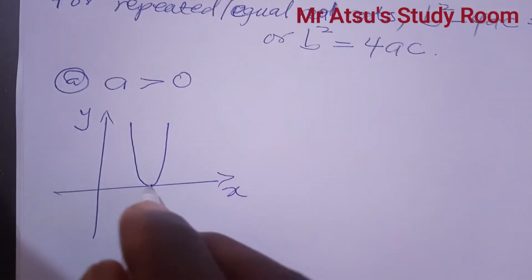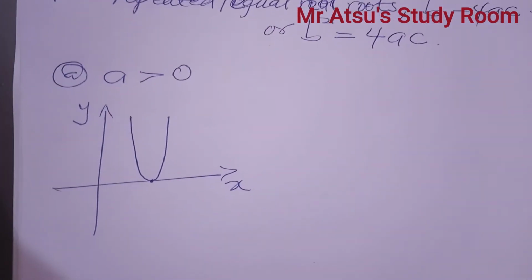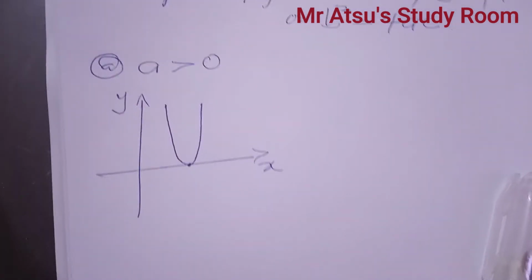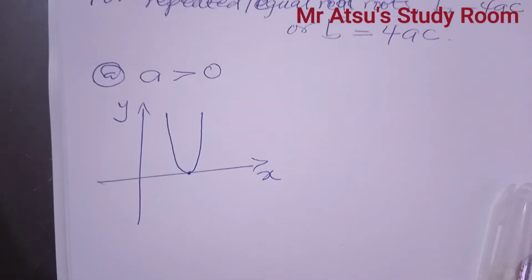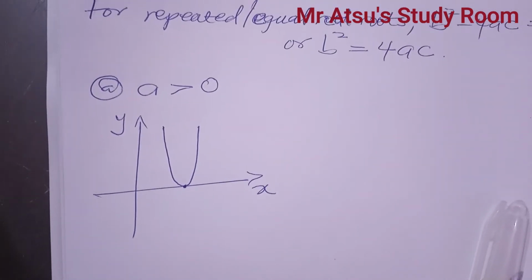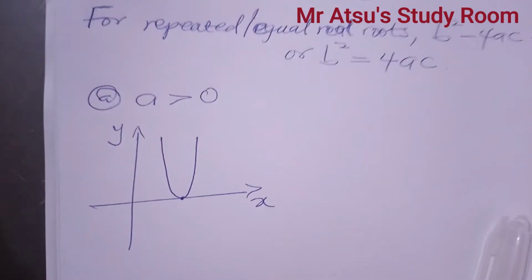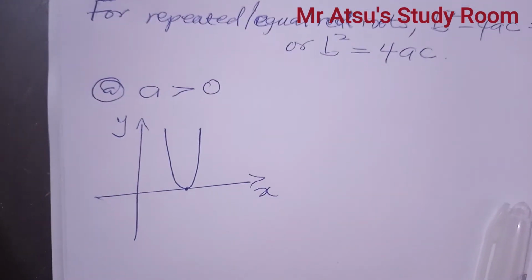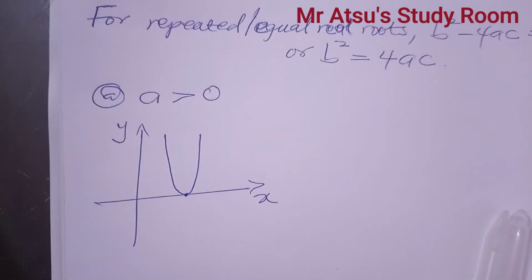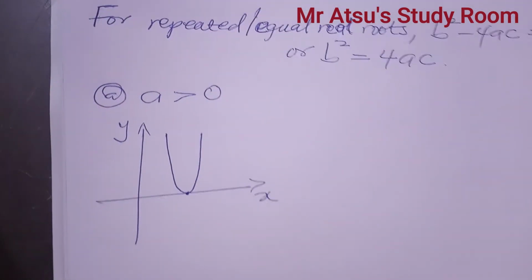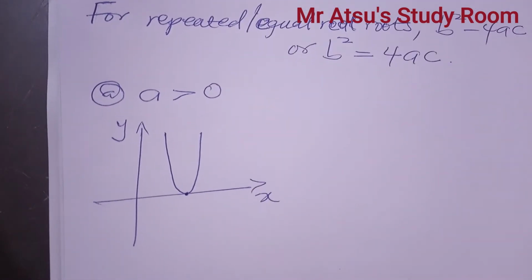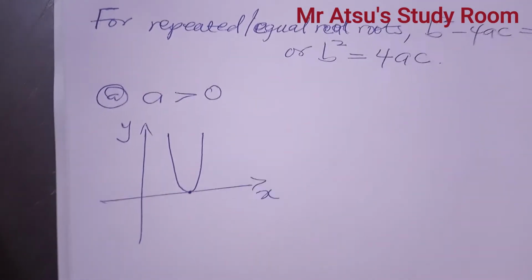So this will be our root. The root will only be 1. So with all the examples we are going to use for which the equation will have repeated root, if you sketch it on a graph sheet, it will not cut the x-axis twice. It will only touch it and go back.